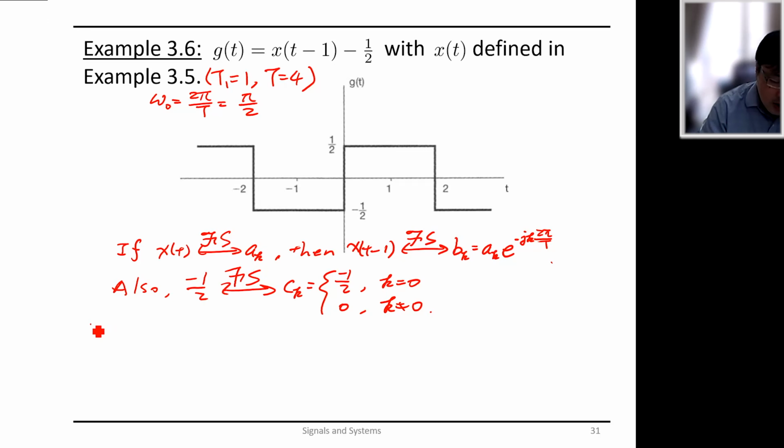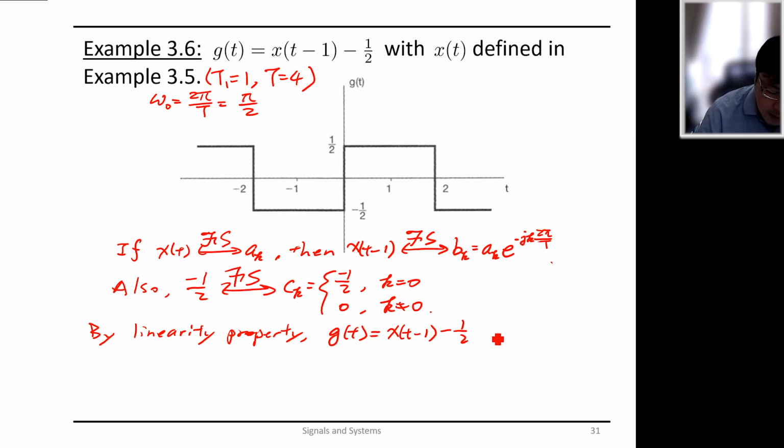So by the linearity property, we know that g of t, which is equal to x of t minus 1 plus 1/2, should have Fourier series coefficient equal to bk plus ck.